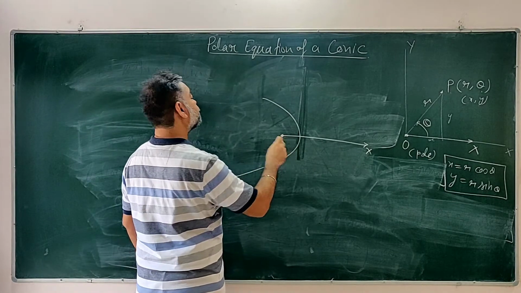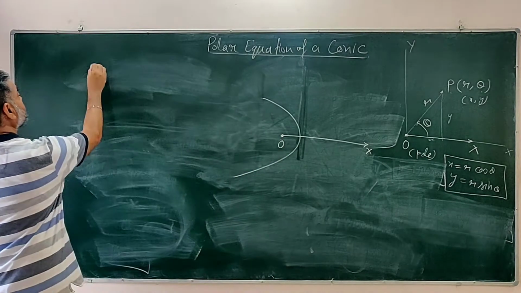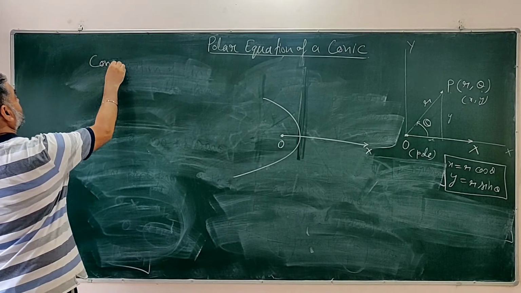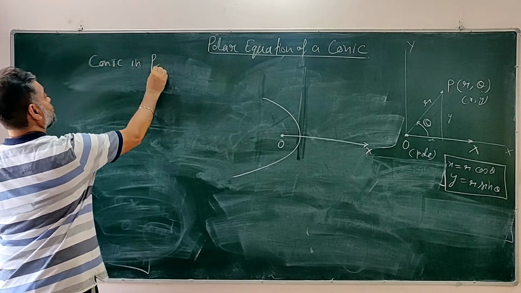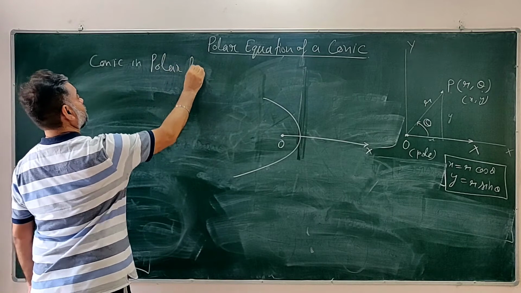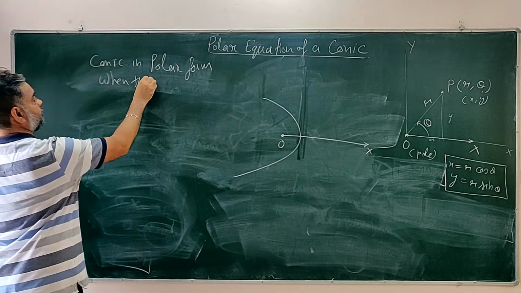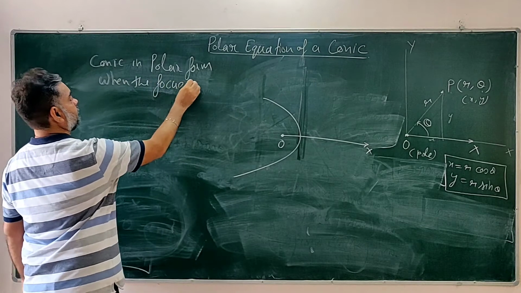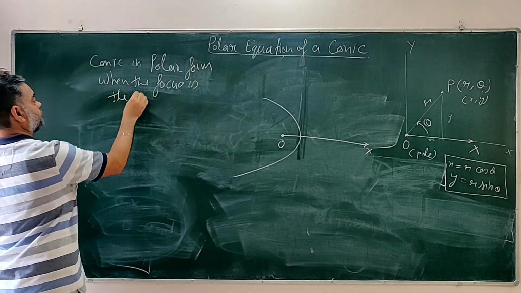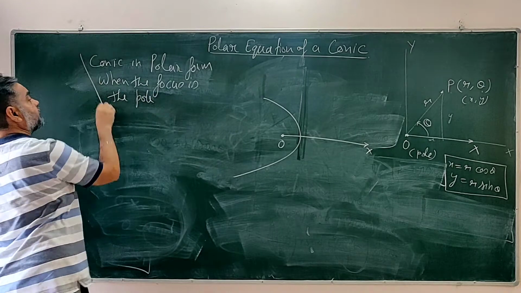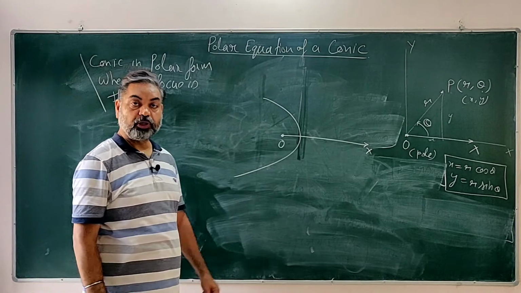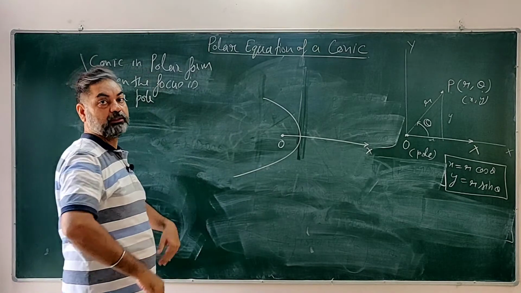We are doing the polar equation of a conic when the focus is the pole.